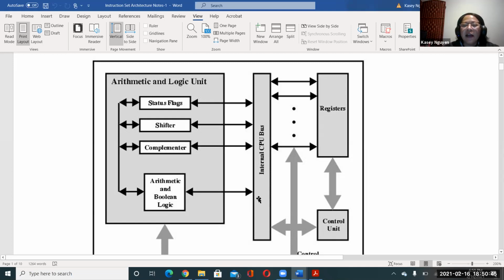So now the bus is just the channel where all of the communication happens, because we have to take what's here, transfer it, bring it over here, so that we can do the calculation, right? And the control unit is in charge of the operation.